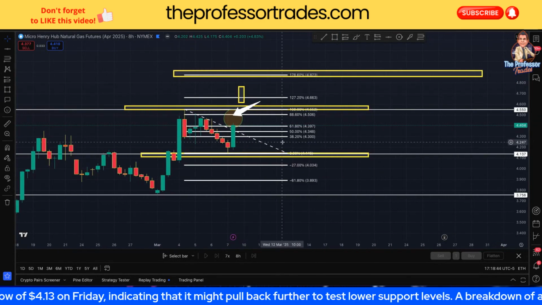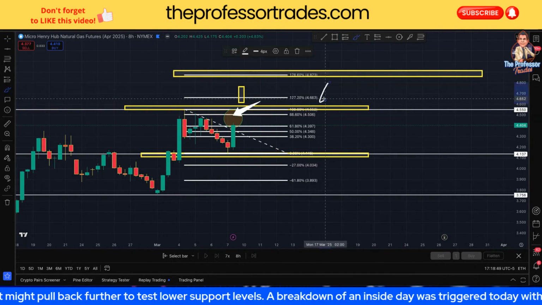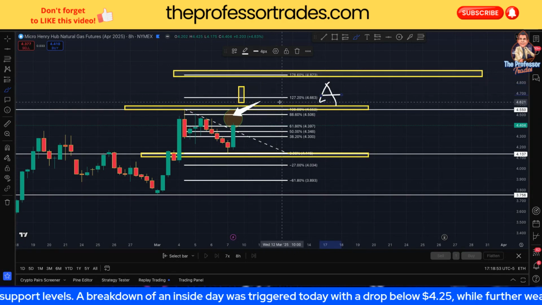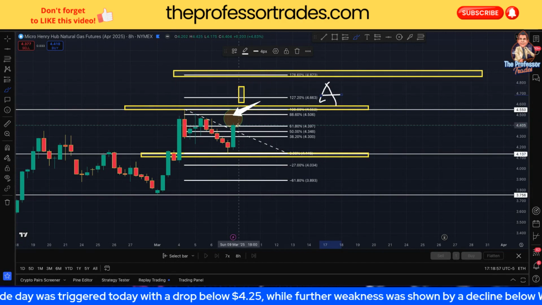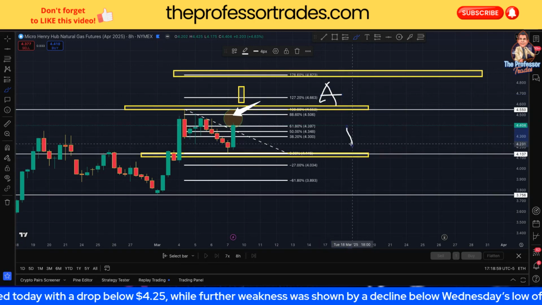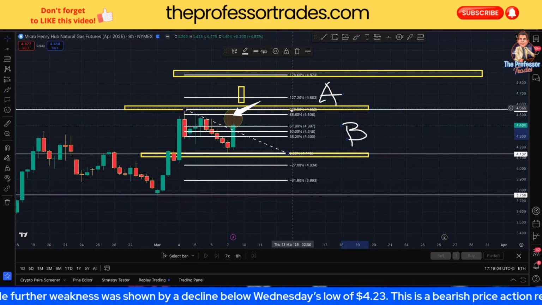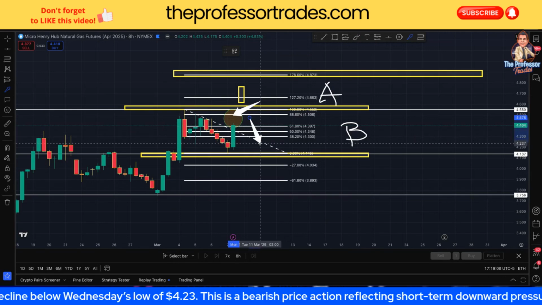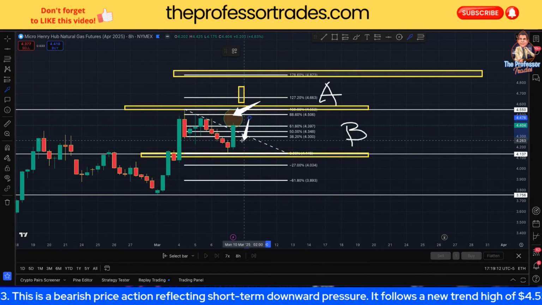Okay. Now, this A scenario up here, we'll call this A scenario. If this A scenario up here doesn't happen, which, from what I'm reading fundamentally, is probably less likely to happen than this scenario right here, which is the B scenario. The B scenario is that we're going to be getting a short attempt somewhere in here to hopefully bring this back down, because they did create a lot of liquidity in this candle here.